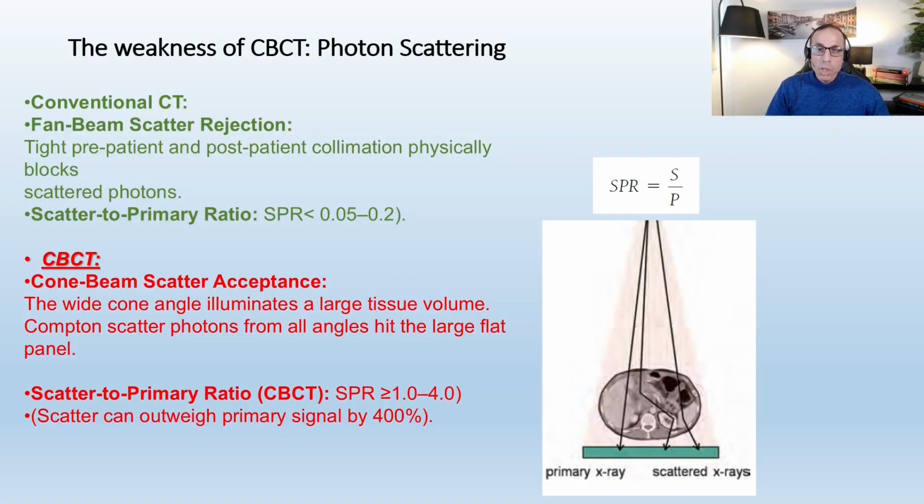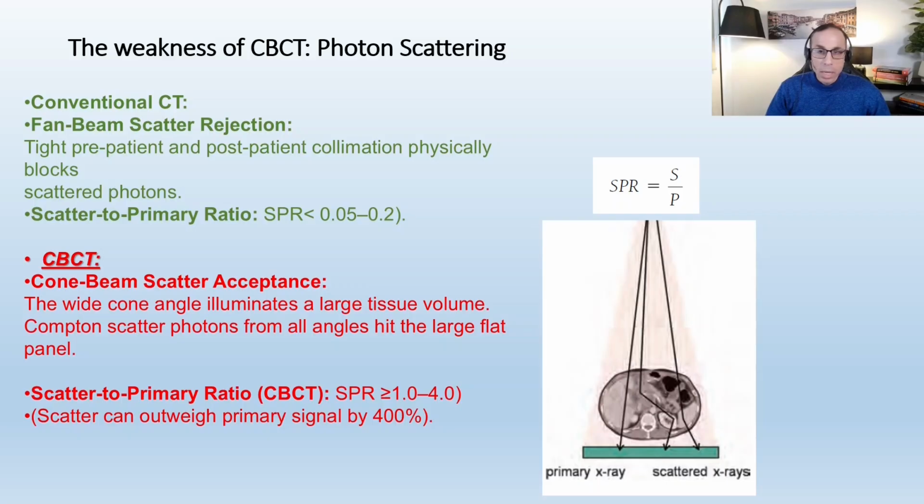The figure shows the primary and scattered photons received by a flat panel detector in CBCT. As you can see here, we have three photons, and all of them are detected, but you can see that two of them are scattered, and only one of them is not scattered and is detected as a primary photon.